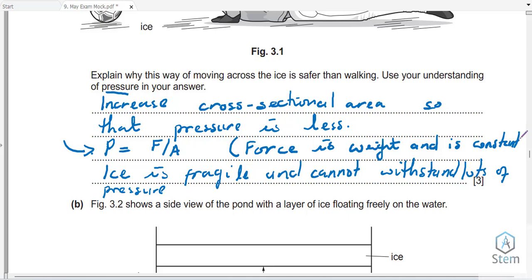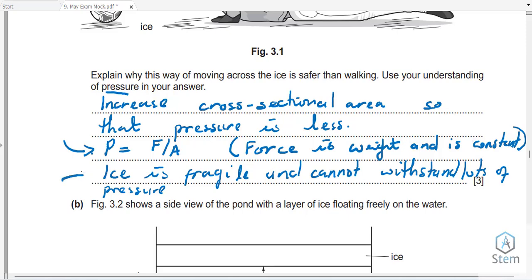There's nothing that the person can do about their weight in this scenario. So they manage the area then. Why would they worry about managing the area? Why don't we walk every day crawling all over the place?